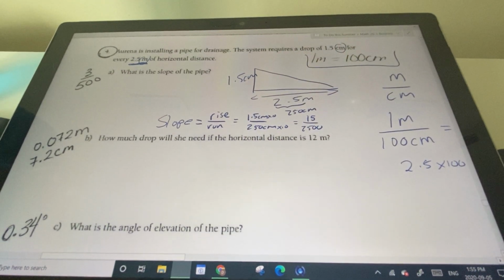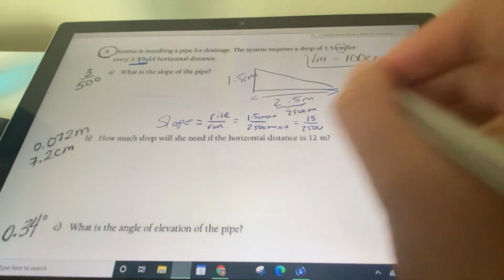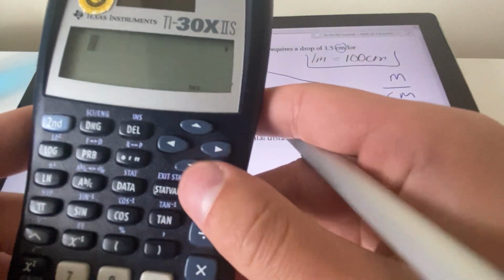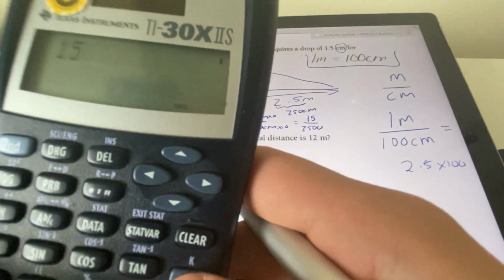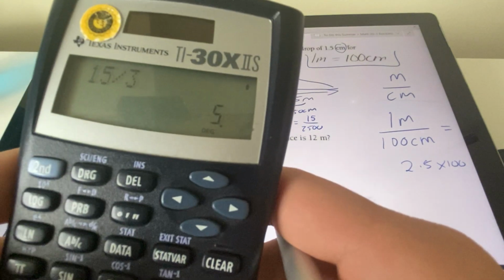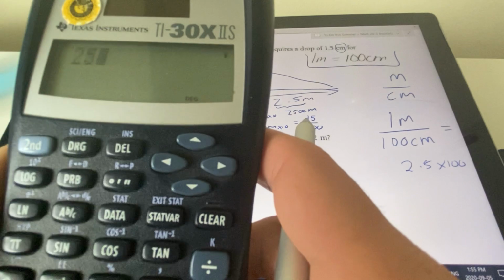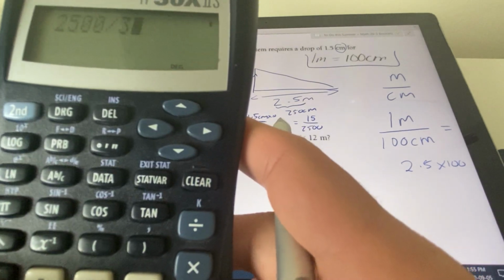Plug that in your calculator. I'm going to maybe check. It's always good to check. And now I'm going to see what I can divide these things by. So maybe I try 15 divided by 3. Okay, so that does work, but I have to make sure that bottom number is also divisible by 3. So 2,500 divided by 3.